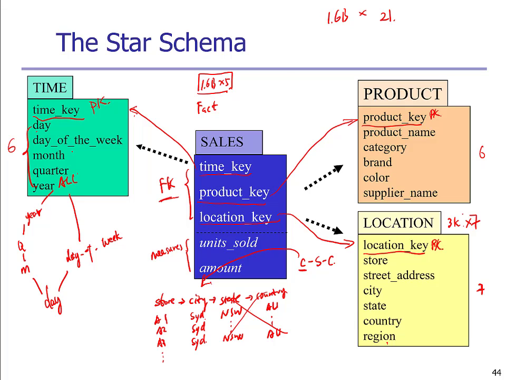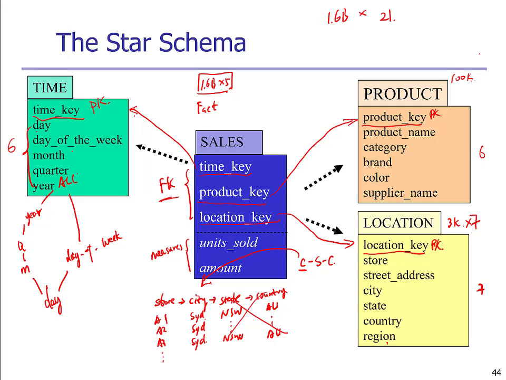For product, let me see if I can find the number. It's not easy to get a specific number within this short time, but we can make a guess, and I would say it's about 10,000, or even if we give it 100,000 products, that's big enough.